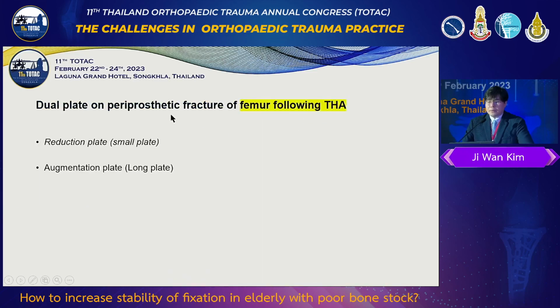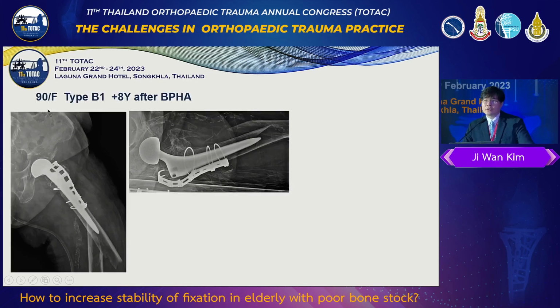How about the periprosthetic femur fracture after total arthroplasty? My surgical technique is a reduction plate with a small plate and an augmentation plate with a long plate. I show a case: a 90-year-old female with a Vancouver type B1 fracture. The distal part is a spiral fracture involving the stem tip.